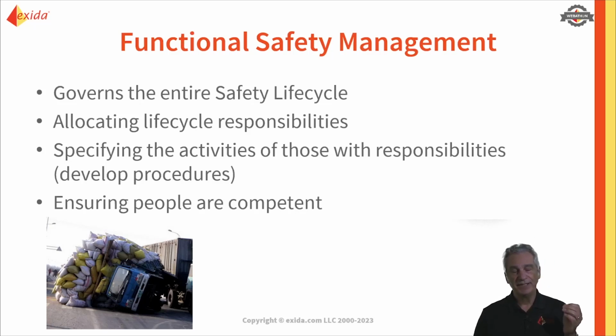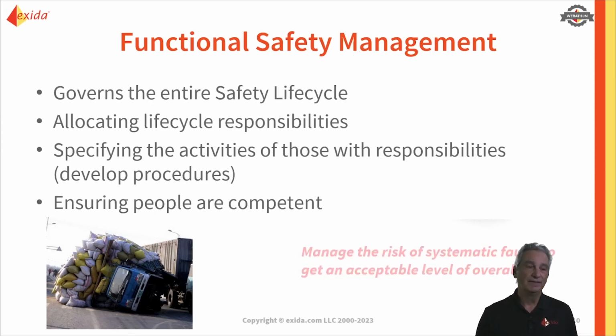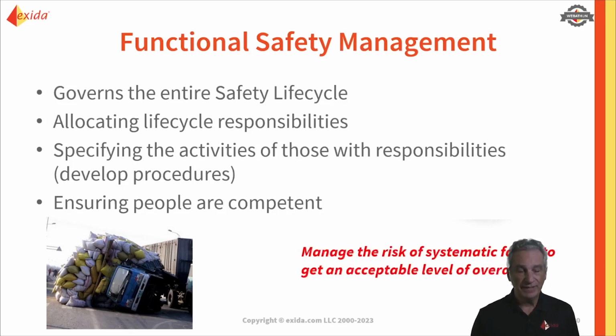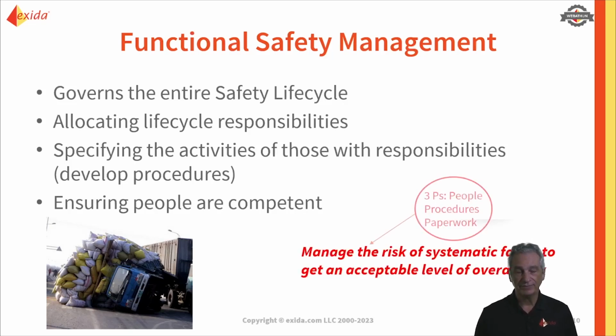And this means that we have to look at our life cycle activities, make sure we've defined roles and responsibilities, and making sure that the people are competent. This is what we call the 3 Ps. And to manage the risk of the systematic faults, we have to manage the 3 Ps.